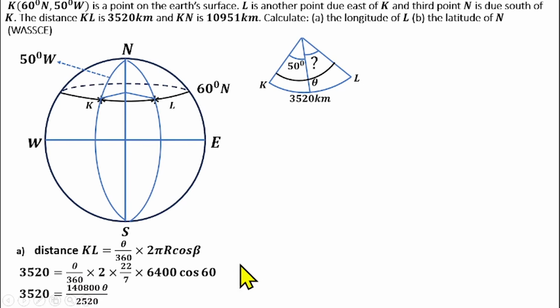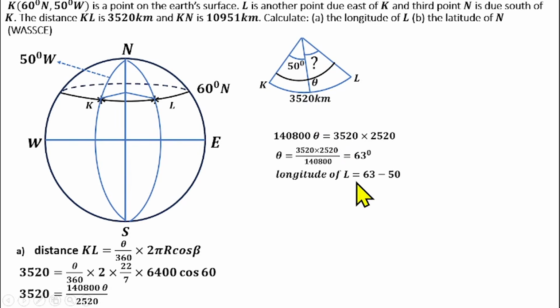From there, if you cross multiply and divide both sides by 140,800, you'll have theta to be 63 degrees. So the angular distance between K and L is 63 degrees. Therefore, to find the longitude of L, it should be 50 degrees minus theta.